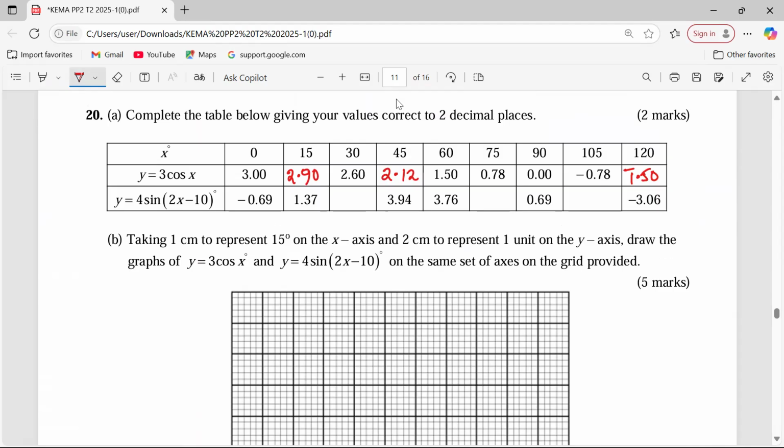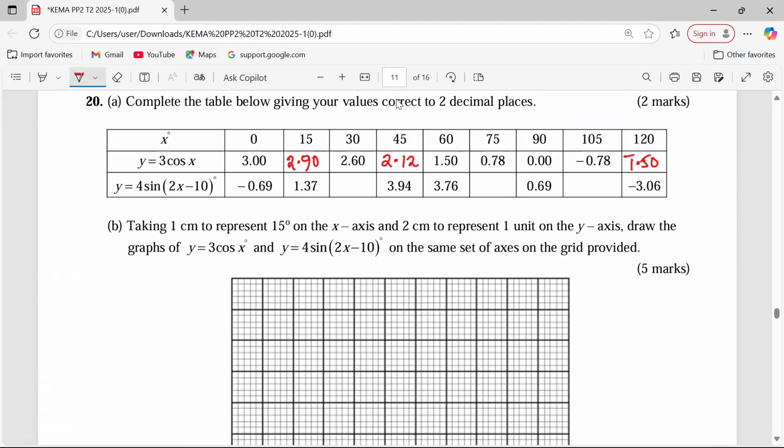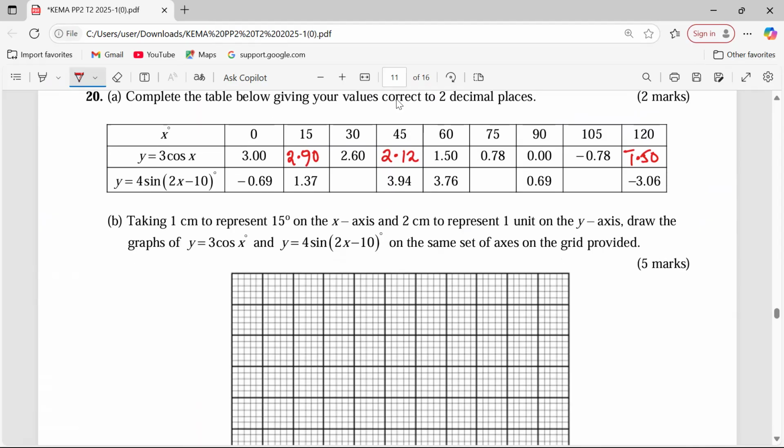Now the second function is for the sine of, look at it very carefully, for the sine of 2x minus 10. Therefore, I'm going to open the brackets just as it has been written. For the sine of, I open brackets.